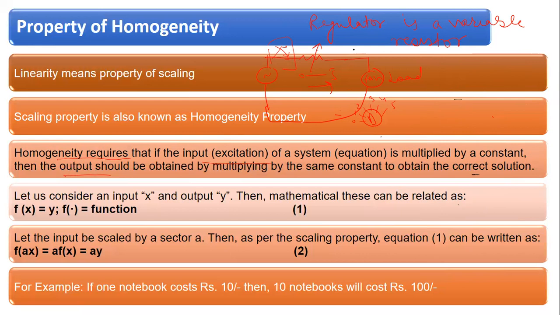So when you move from 0 to 1, speed increases. From 1 to 2, speed further increases. That means you are scaling the current. Okay, we are scaling the current.